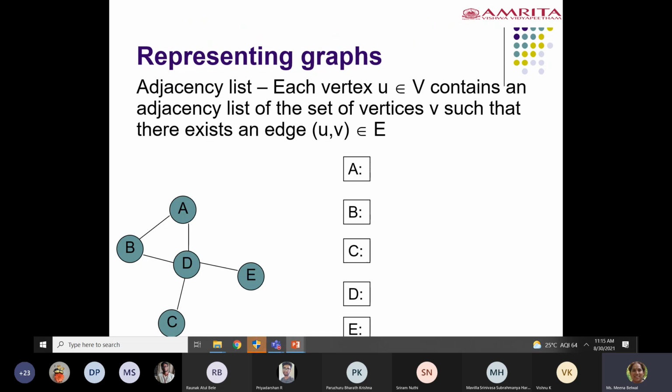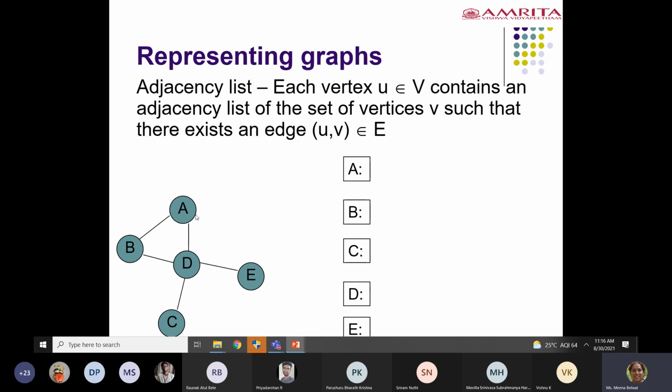So in adjacency list, the definition is you have a given graph and you have various vertices, and for every vertex there is an adjacency list. We define that each vertex u belongs to V contains an adjacency list of the set of vertices v such that there exists an edge uv belongs to E. What does it mean?